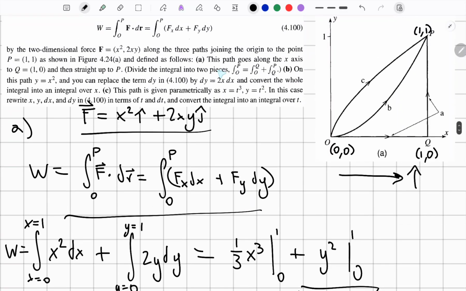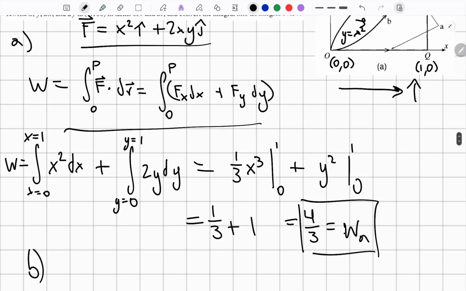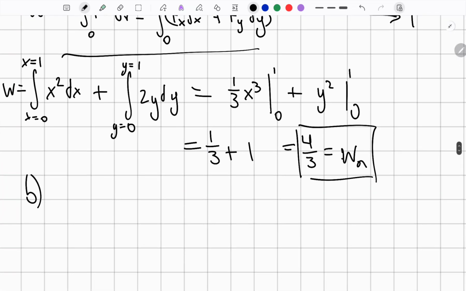B is asking us the work done if we travel along the path y equals x squared. So this line is y equals x squared. That's this line here going straight from O to P, not dividing it into two separate parts of x and then y. We will instead be traveling from O to P along that path. In order to accomplish this, we're going to move from x equals 0 up to x equals 1.